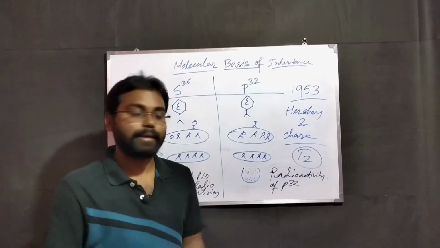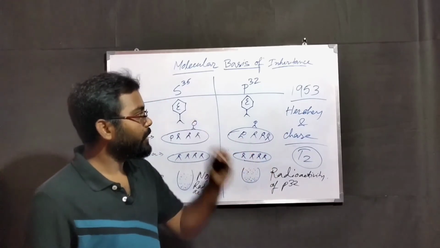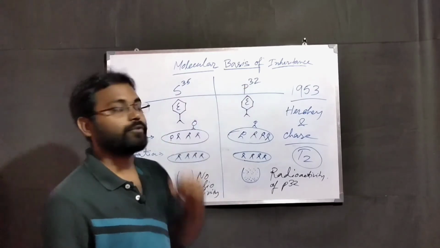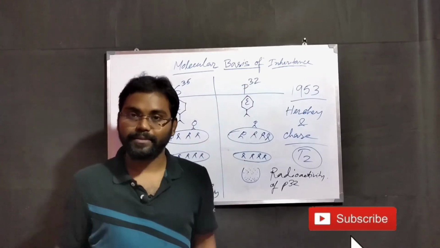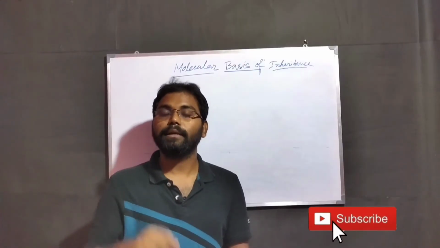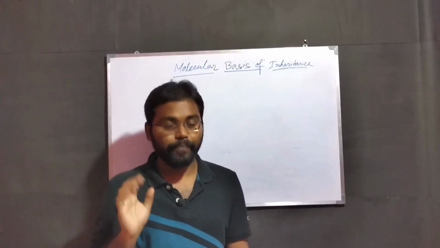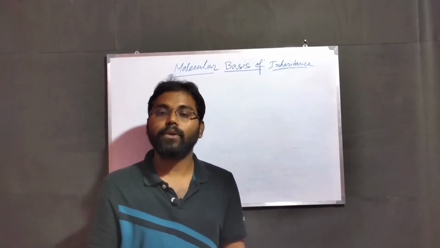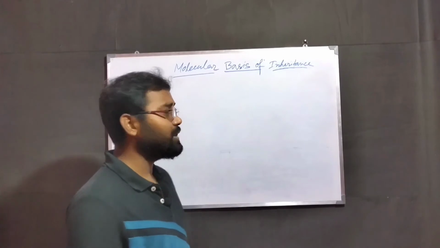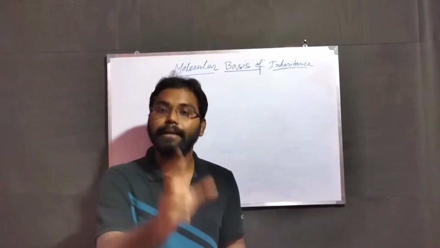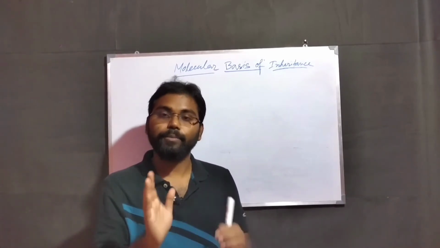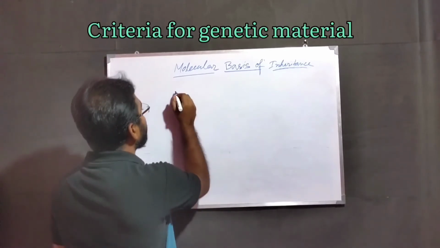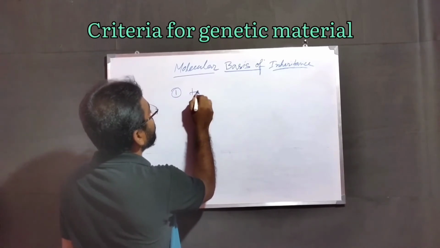So tell me, why did Hershey and Chase particularly use the radioisotopes of sulfur and phosphorus? Comment your answer. Now it is clear that DNA is the genetic material. But why DNA? Why not RNA or proteins or other molecules? That means there are some criteria for a molecule to be genetic material. What are the criteria? Number 1, ability to replicate.